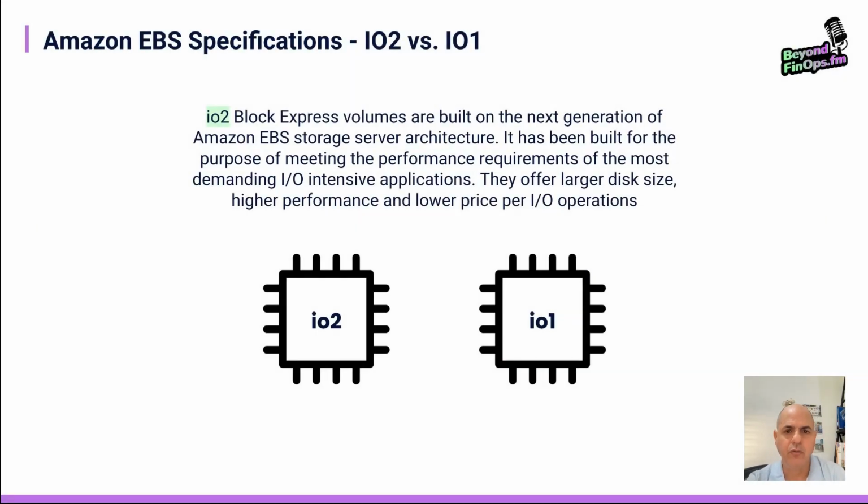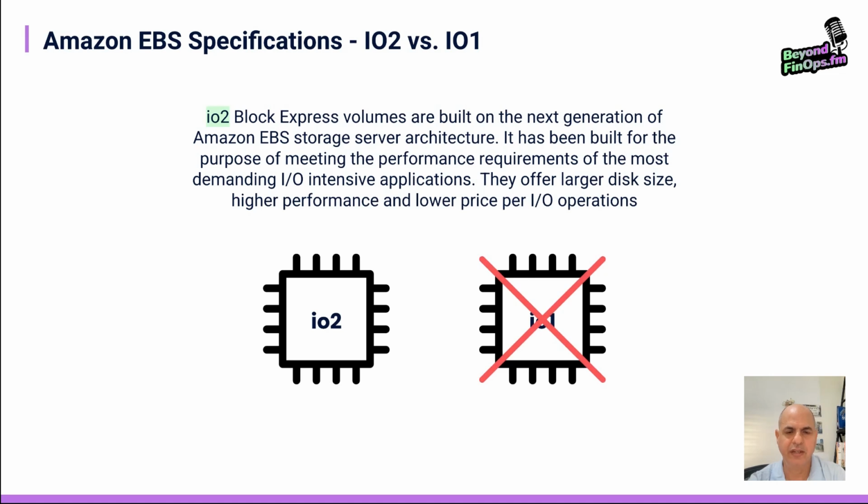When we compare IO2 to IO1, IO2 is here again. IO2 is the later generation that you should prefer versus IO1. We'll make it quick. There is no reason to use IO1.